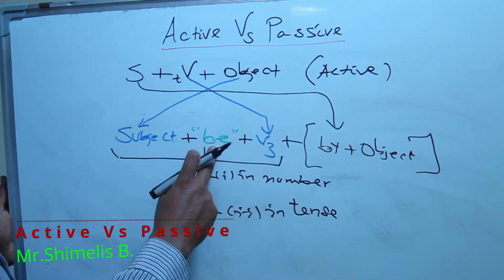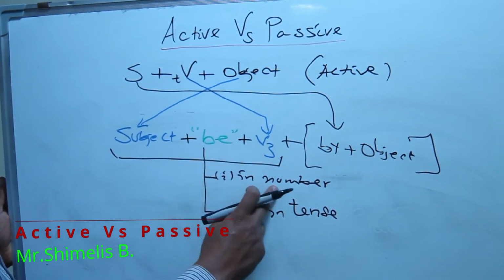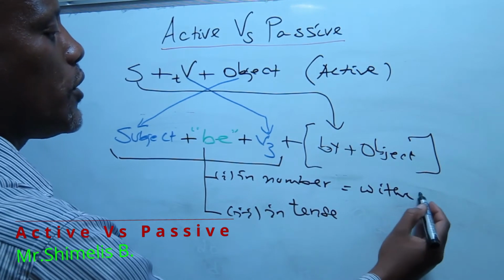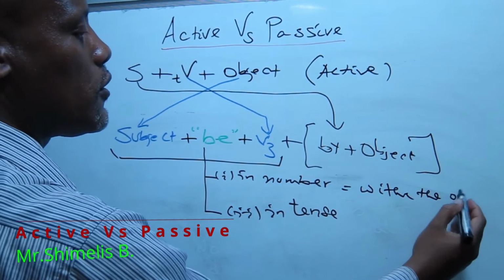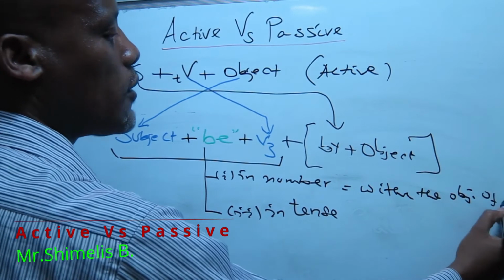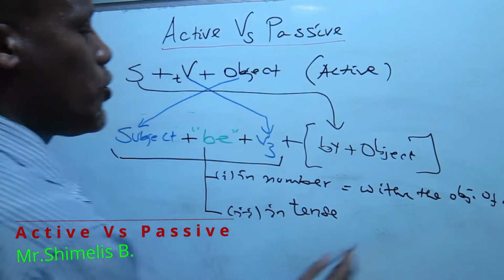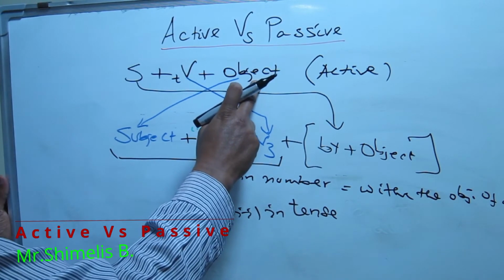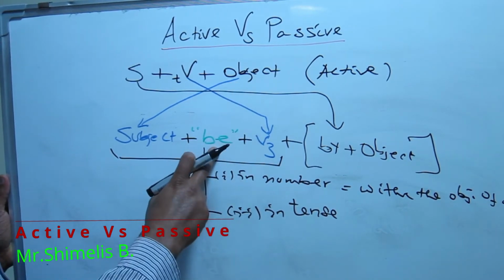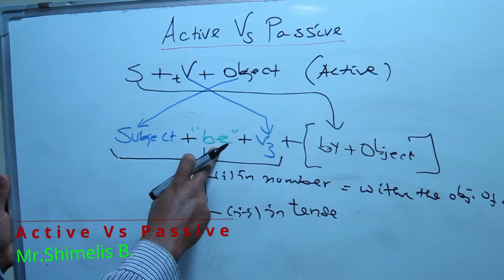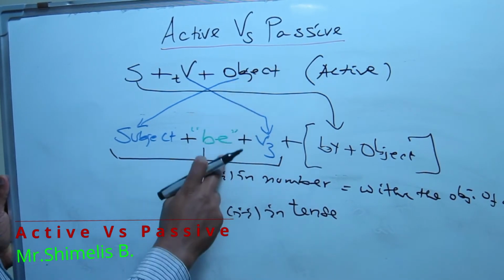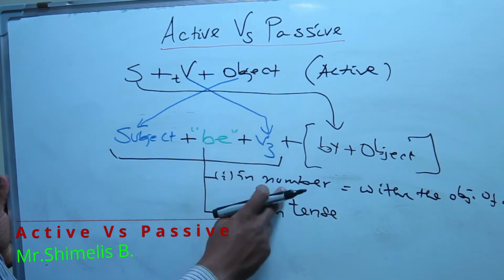The verb to be that we use here has to agree in number with the object of the active sentence. If the object of the active is singular, the verb to be that we are going to use must be singular in number. If the object of the active is plural, the verb to be we use should be plural in number.